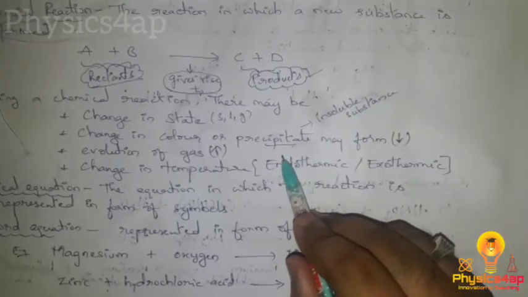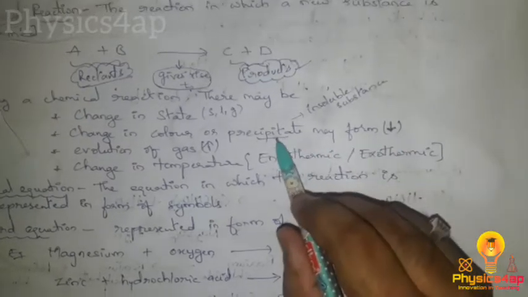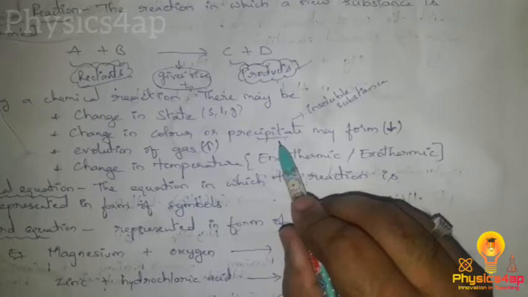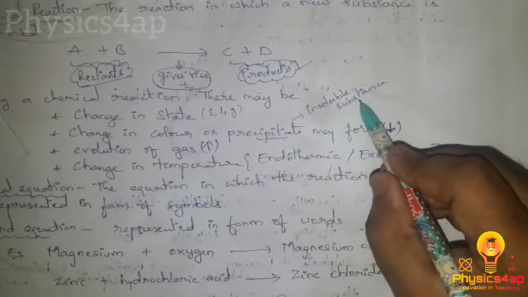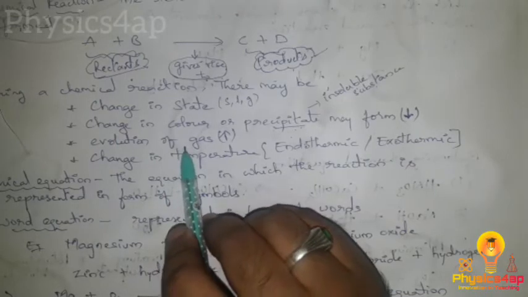The insoluble substance formed in a chemical reaction is called a precipitate, and when a precipitate is formed we mark it with a down arrow. So the down arrow represents a precipitate, which is an insoluble substance. Also, gas may be evolved.